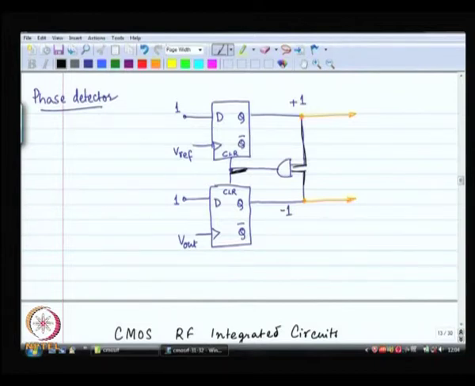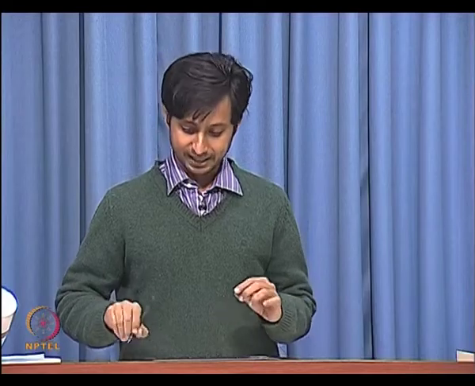That means that after a little bit of delay, the delay of the AND gate, the clear signal gets activated. So, there is a short duration of time during which both up and down are high at the same time.